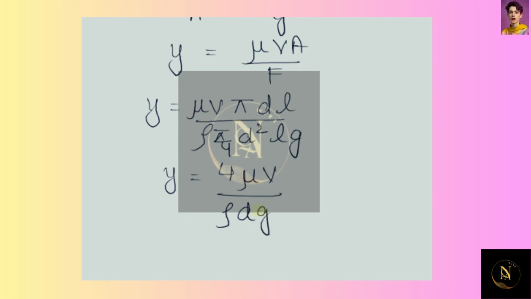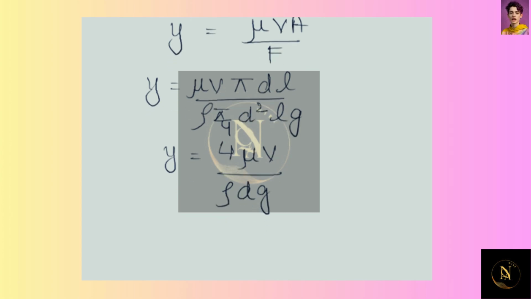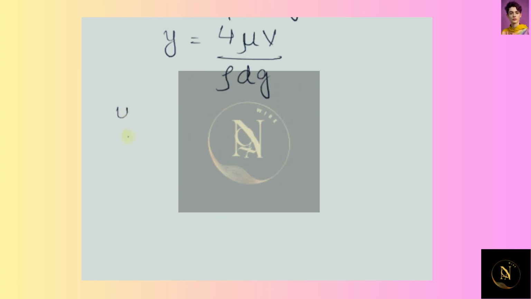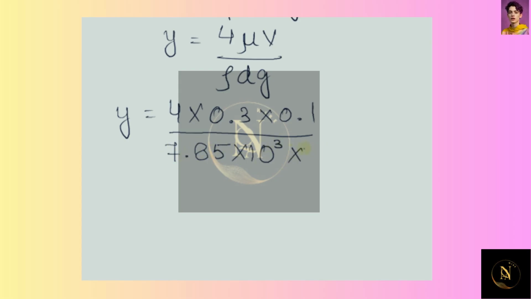So we have the value for viscosity, velocity, density, diameter, and g, that is acceleration due to gravity. So we'll just put the values. So Y will be equal to 4 into 0.3 multiplied by 0.1 divided by 7.85 into 10 raised to power 3 into 25 into 10 raised to power minus 3 into 9.8.